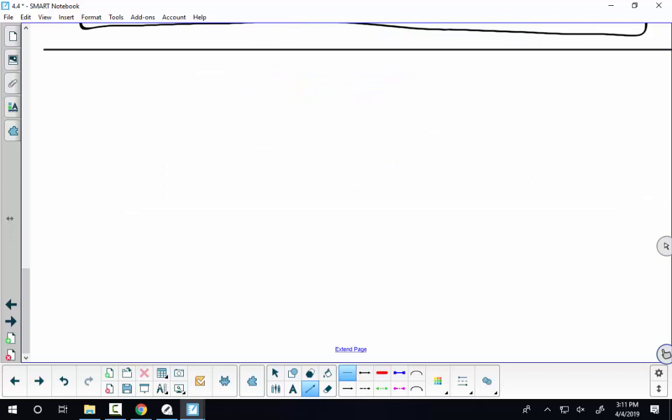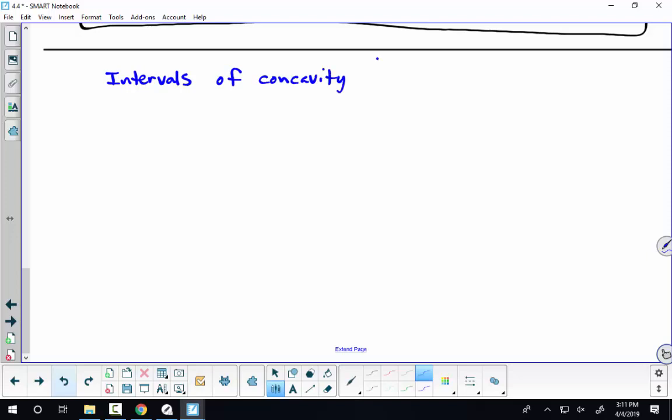And we'll do the same thing with the second derivative, for concavity and inflection points.